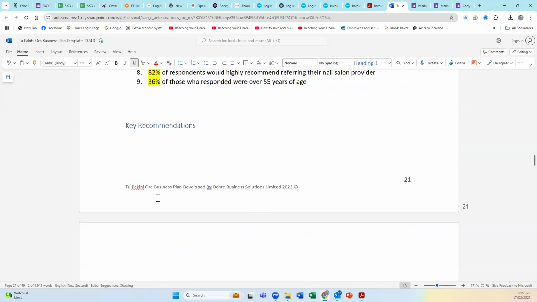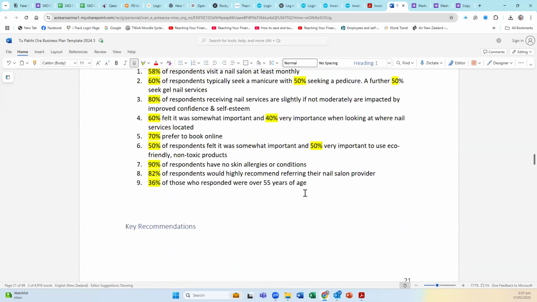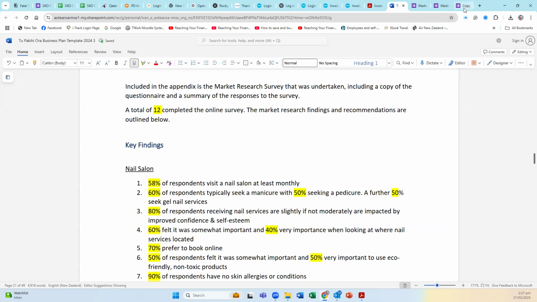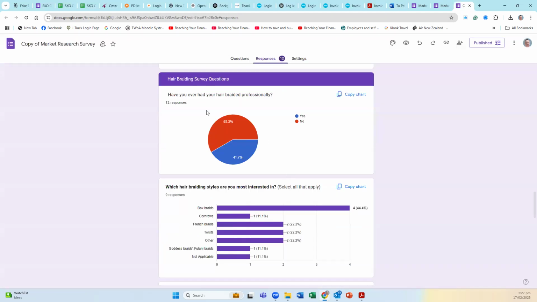Then you go through the same process for the hair braiding one. I'm going to leave that to you and Ivan to do, because now that I've shown you how to do the nail salon one, all I did, Yanet, was look at the graph and interpret it.